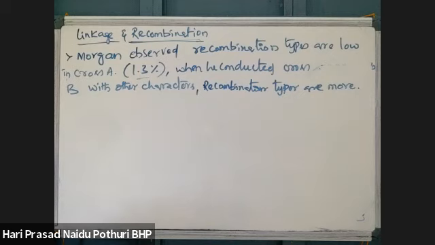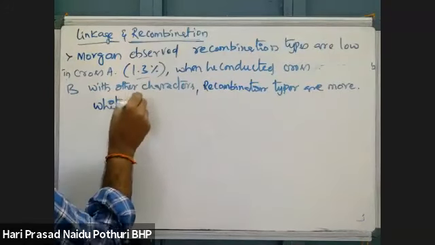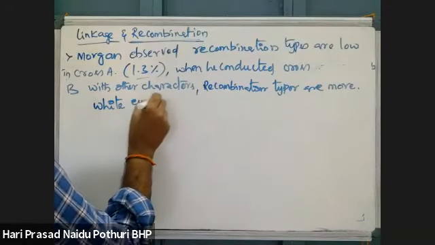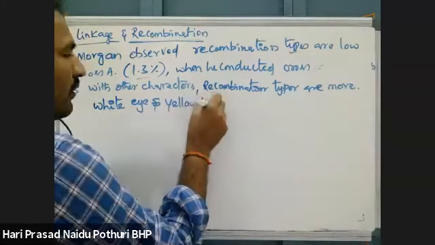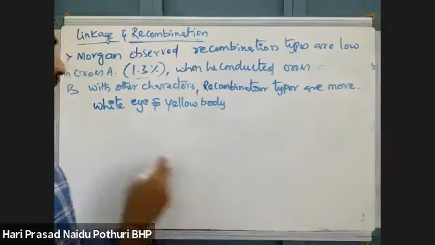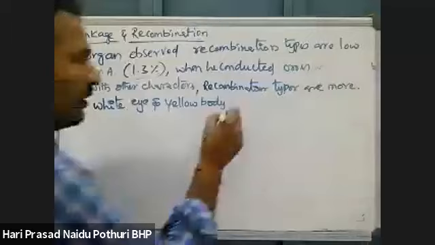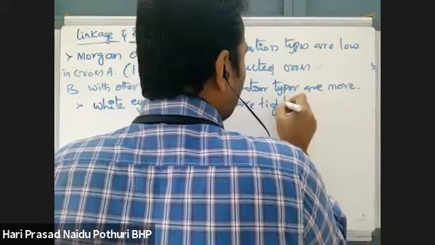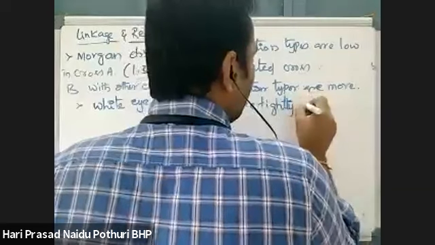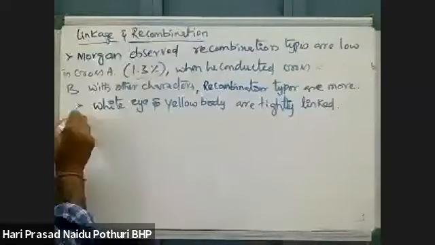By this cross, he found that the white eye and yellow body genes are tightly linked. Tightly linked means they are present very near together on a chromosome.